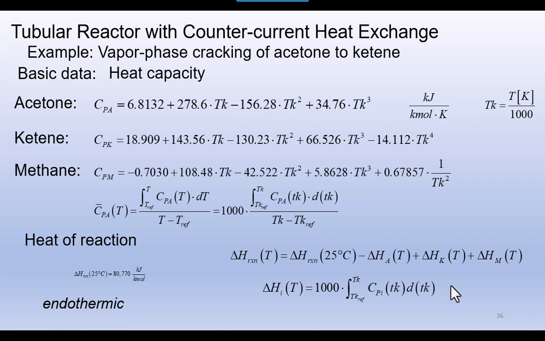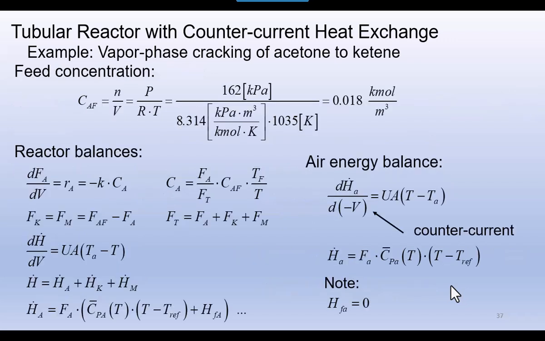So things aren't getting too complicated here. The feed concentration, if we take that and want to compute that for our kinetics, we can get from the ideal gas law. And here we're using the ideal gas law because we're not operating at an elevated pressure.